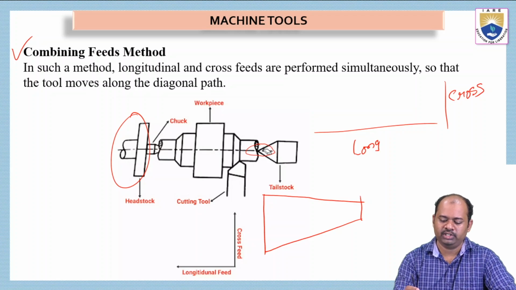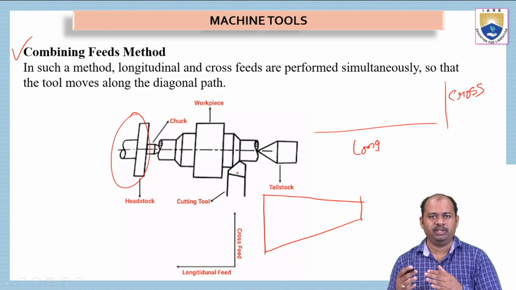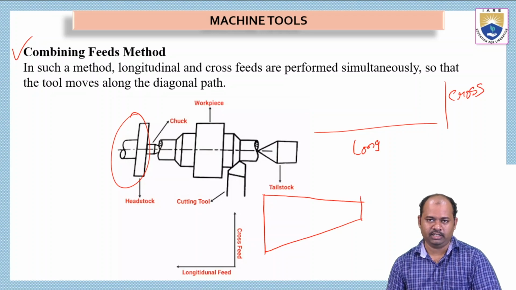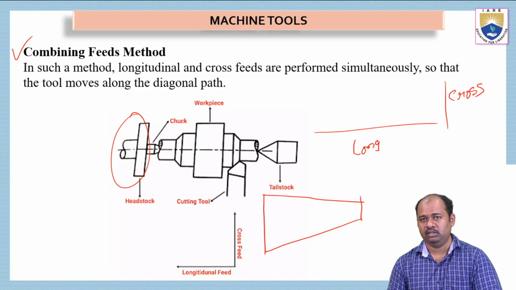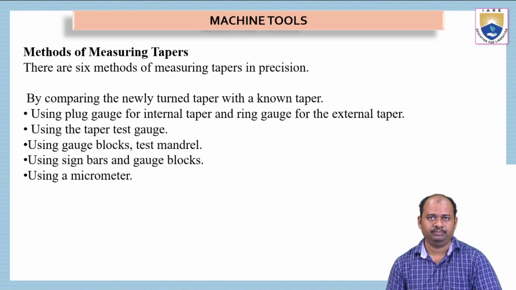That is why the tool post is kept in line with the center line of the workpiece, about which it is rotating. Now see here, the cutting tool is kept in contact with the workpiece and we have to give the longitudinal feed and cross feed at the same time. This has to be given very precisely, for which we need a skilled operator.